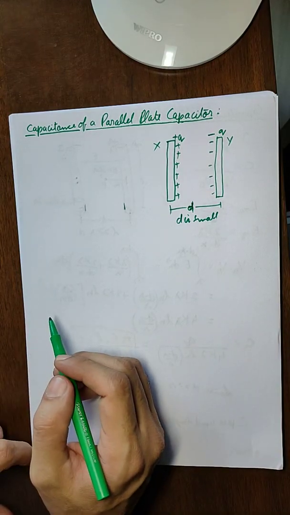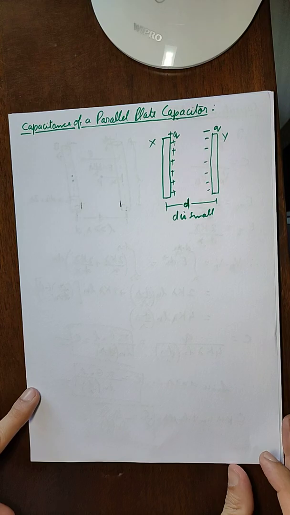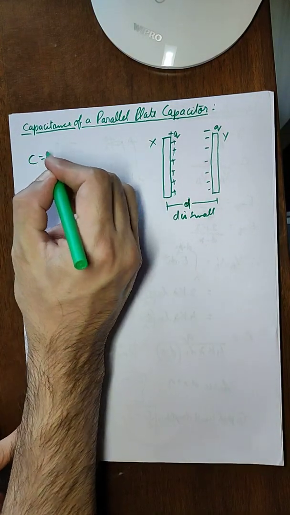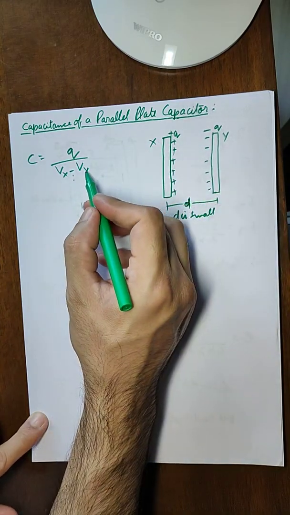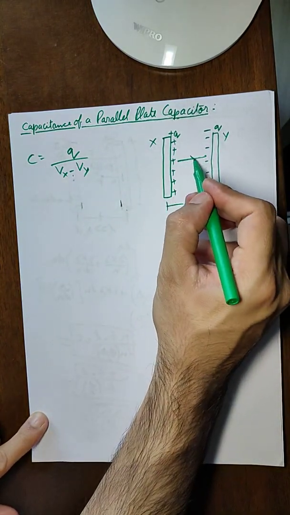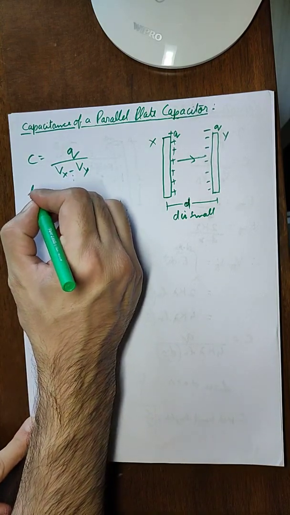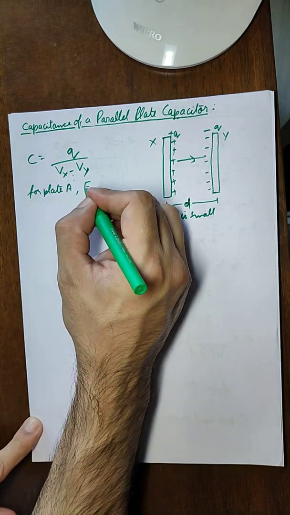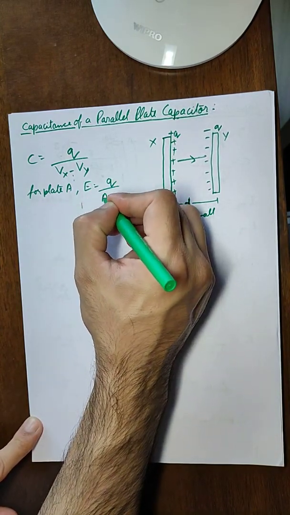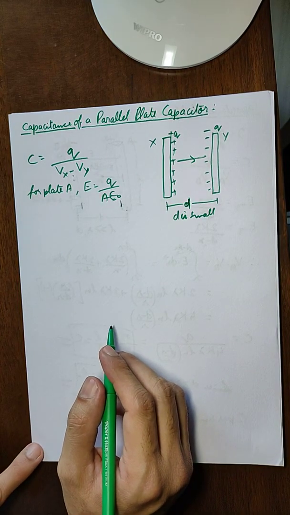So in this condition, we can directly come to C equals Q upon Vx minus Vy, because X is positive, so the electric field will be like this. So Vx minus Vy. For plate area A, E will be equal to Q upon A epsilon naught. This we have studied already.